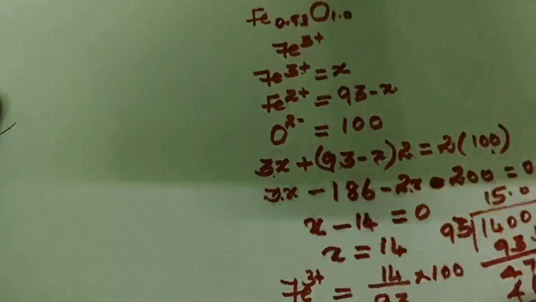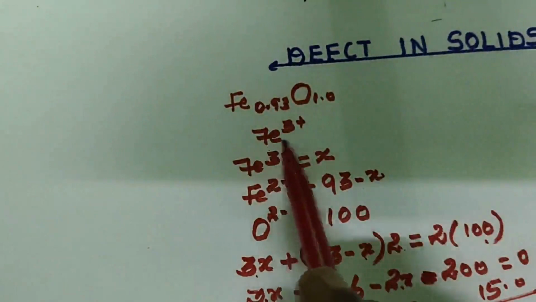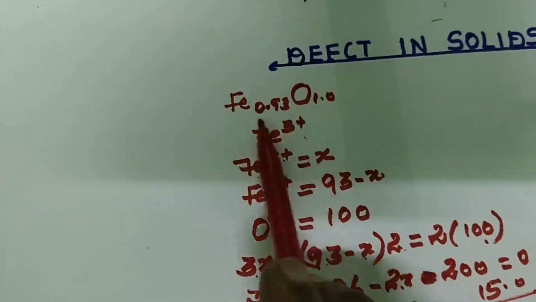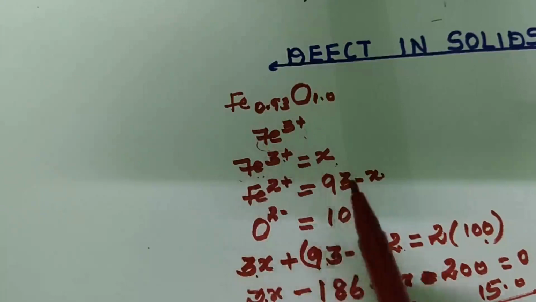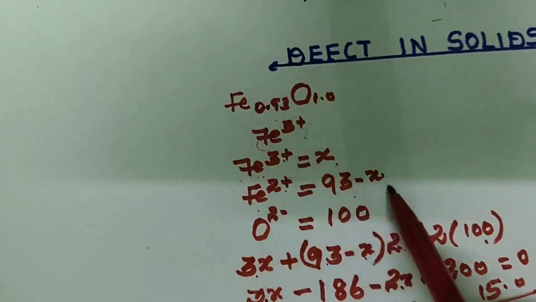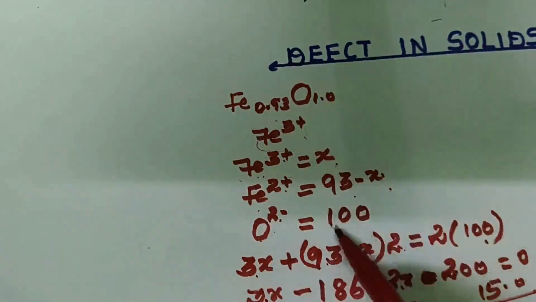Remaining is Fe2+. So here, to find the value of Fe3+, Fe3+ is taken as x. Fe2+ is 93 minus x. O2 minus is 1, here considered as 100.